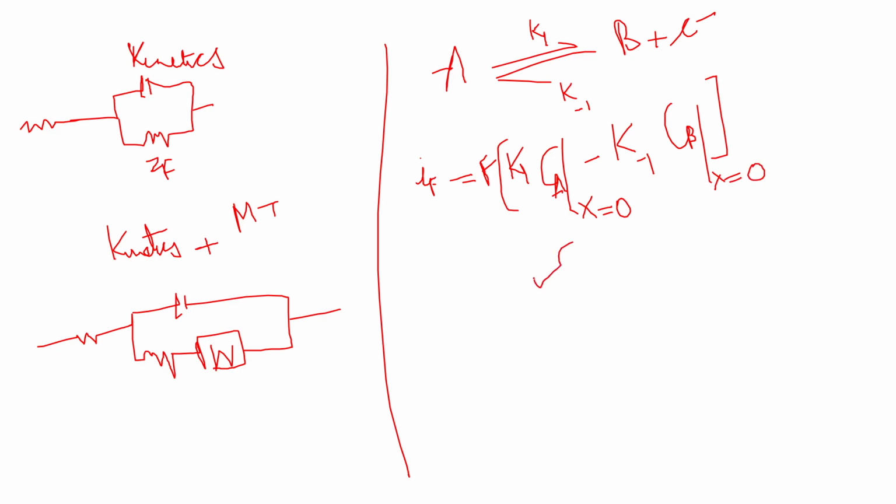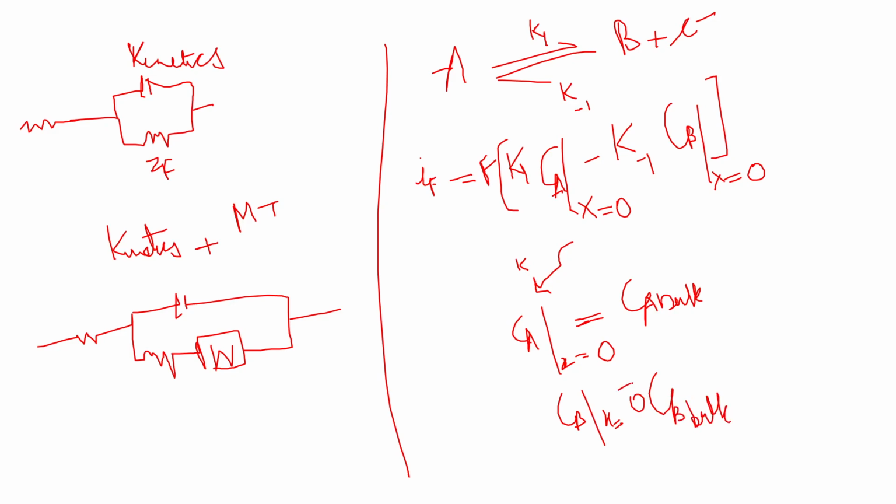If it was kinetics limited, that is only when kinetics plays a role, Ca at x equal to 0 will be nothing but Ca bulk. And similarly, Cb at x equal to 0 will be Cb bulk.